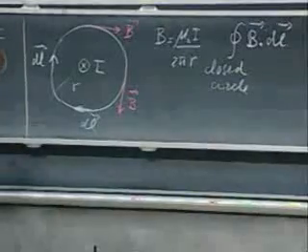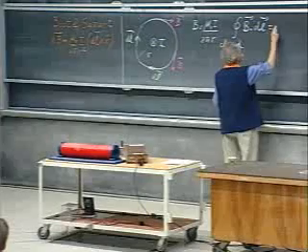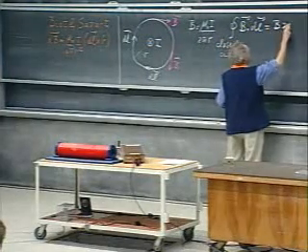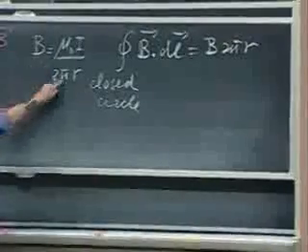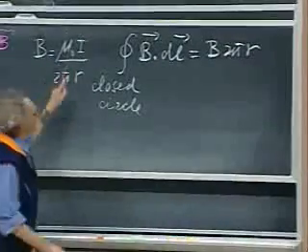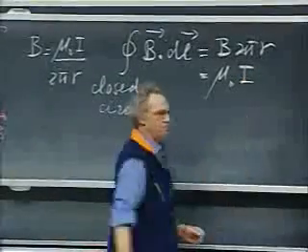But B and dl are in exactly the same direction everywhere, so you would find that this is B times 2 pi r. But B times 2 pi r also equals mu0 times I.